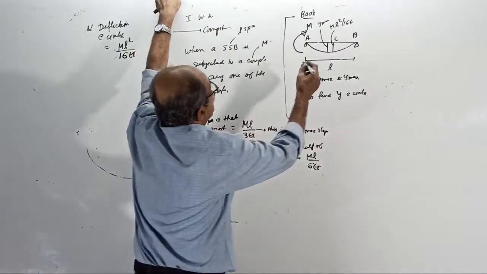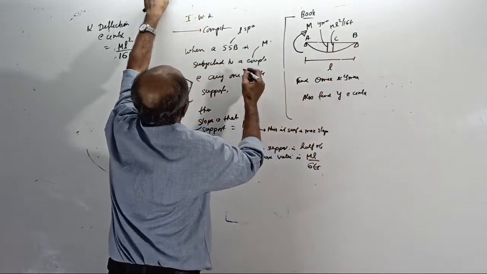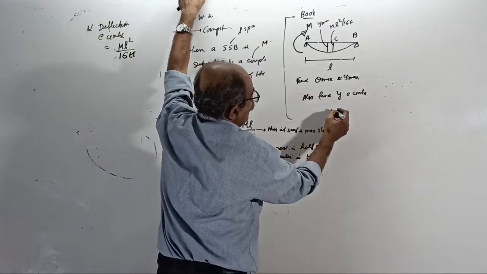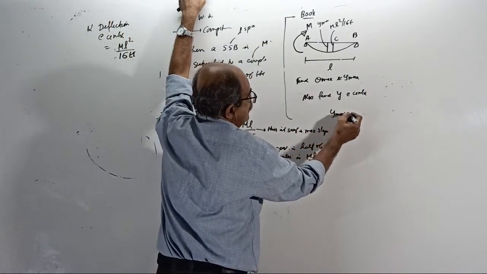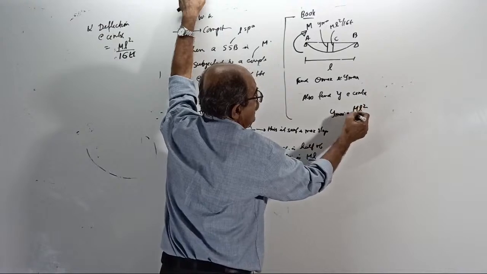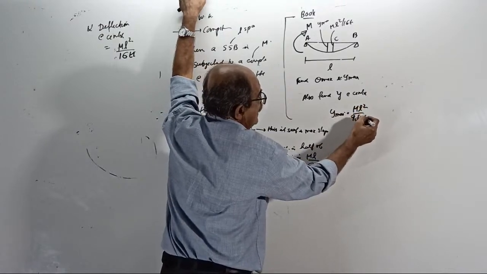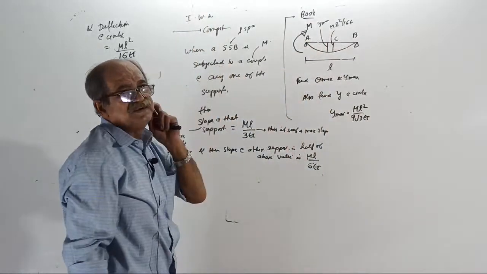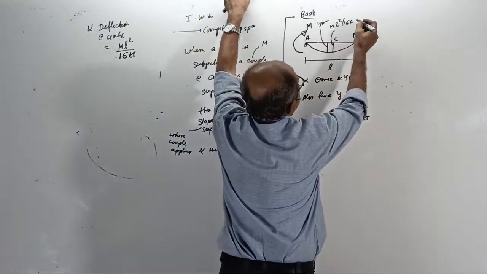So for this, Y max is ML square by 9 root 3 EI. It is slightly more than ML square by 16.